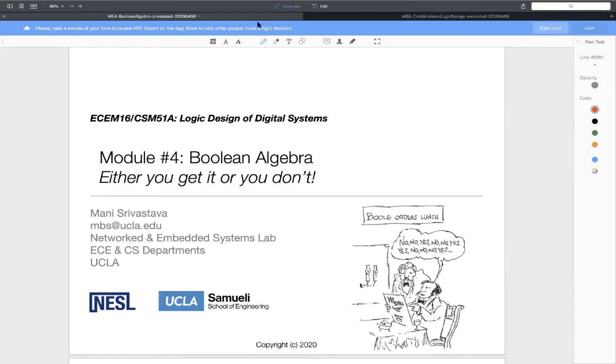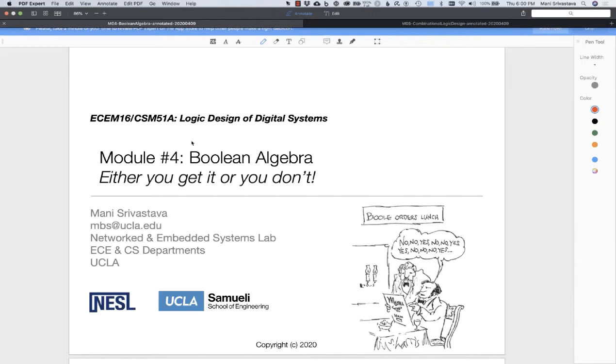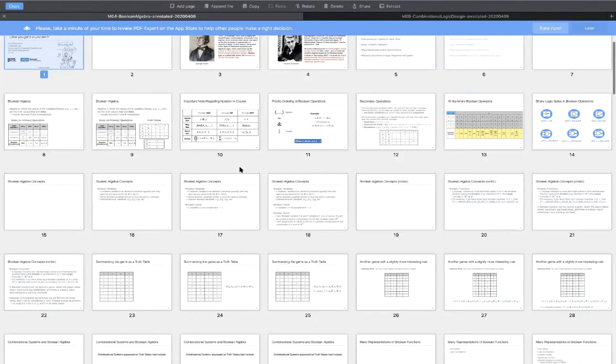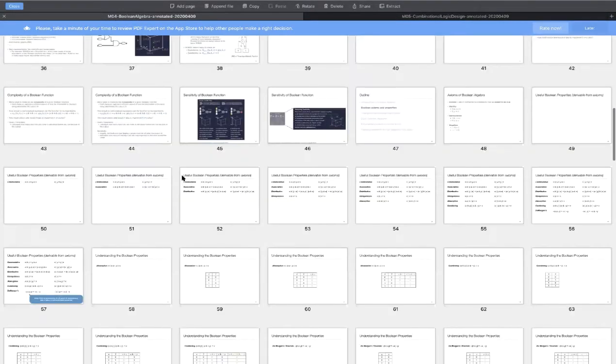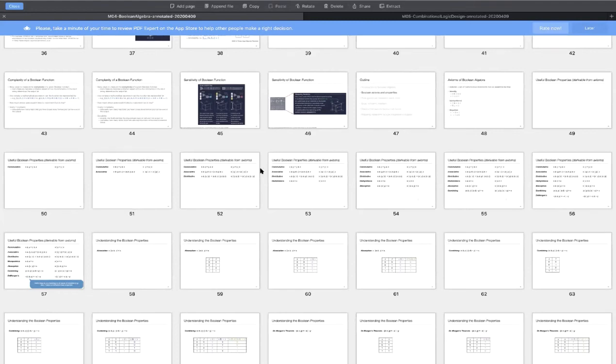Okay, good evening, everyone. Last time we had started on Boolean algebra as the mathematical framework in which we can model digital logic systems, and towards the end of last lecture, I had begun to examine some of the properties of the Boolean algebra system.